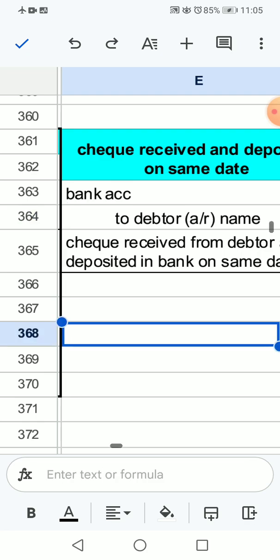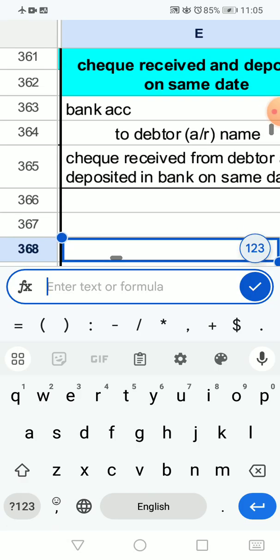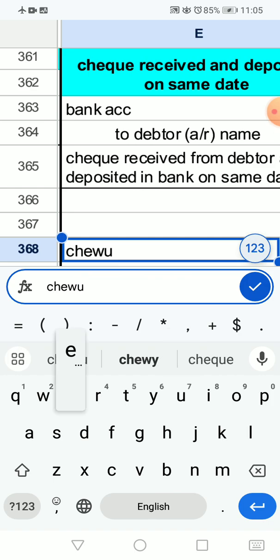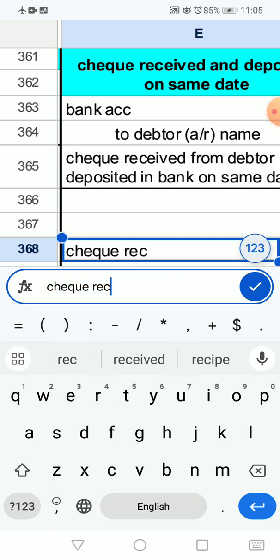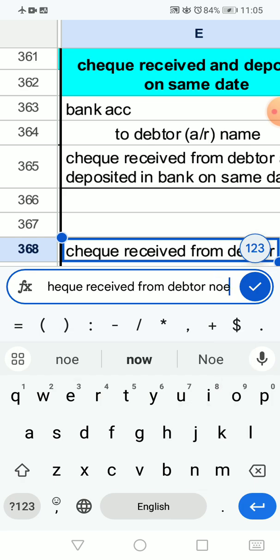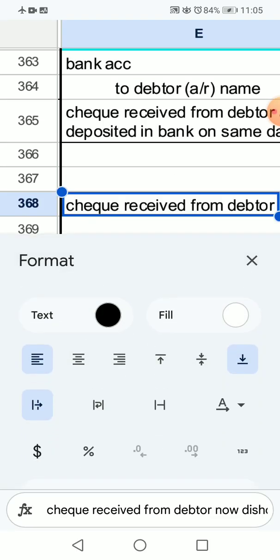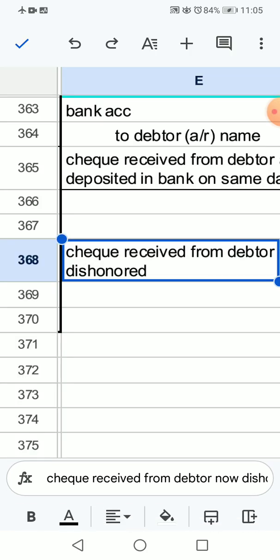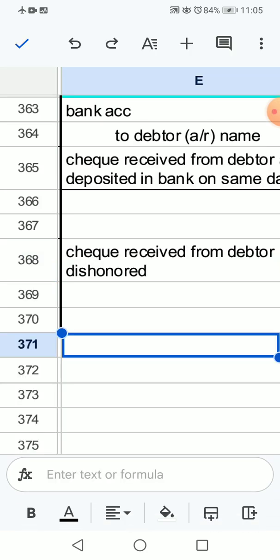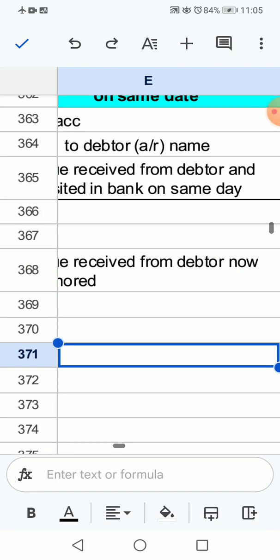And next, the check which you have received from your debtor, now dishonored. Check which you have received from your debtor has been dishonored due to reasons, any reason. Since we are not concerned with the reason, we just want to understand the entry.